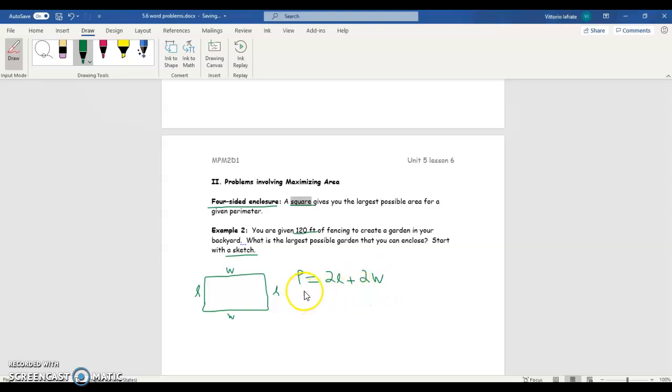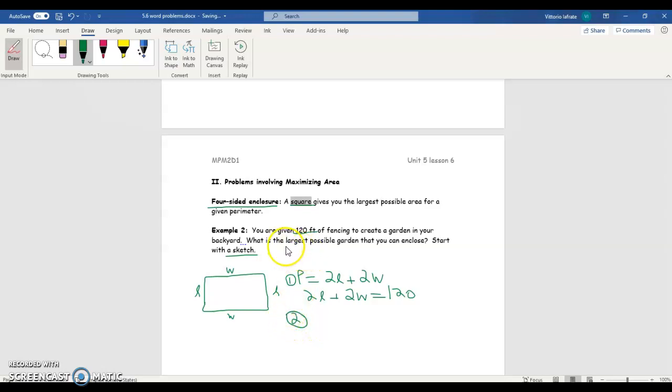In other words, 2L plus 2W will be equal to 120 feet. This is our step one, writing out an equation for perimeter. Step two is focusing on what the question is asking us.